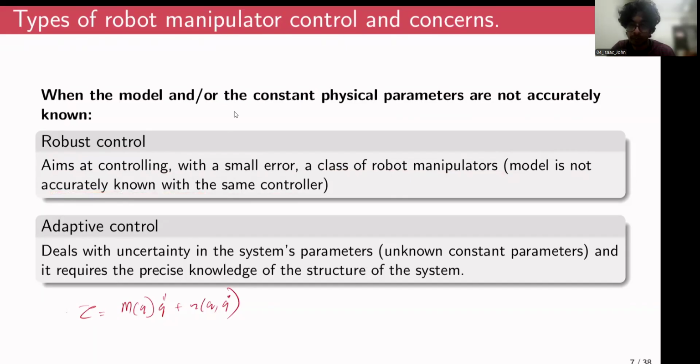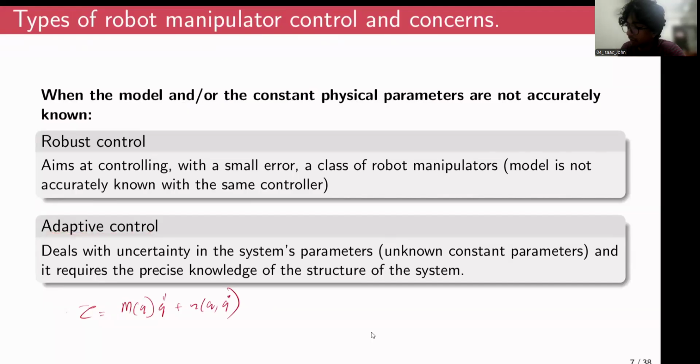If the constant parameters are not known, but we know that the errors are within a bound, the upper and lower limit of a bound, the robust controller can still control the robot manipulator, be it set point control or trajectory control, despite having some small errors in estimating the constant parameters.